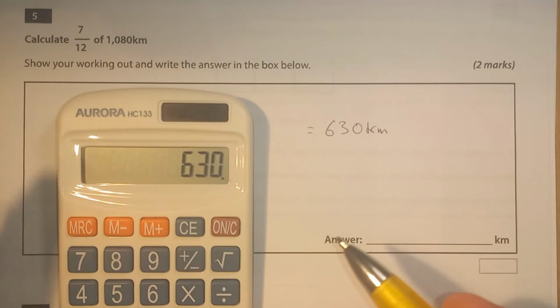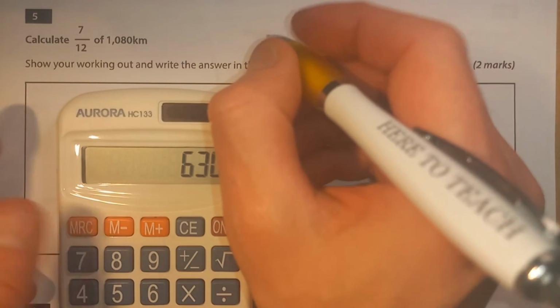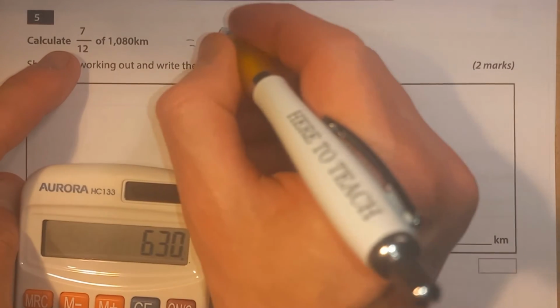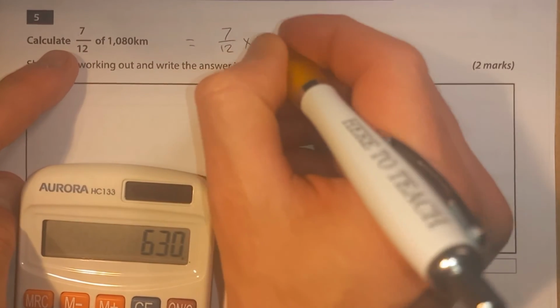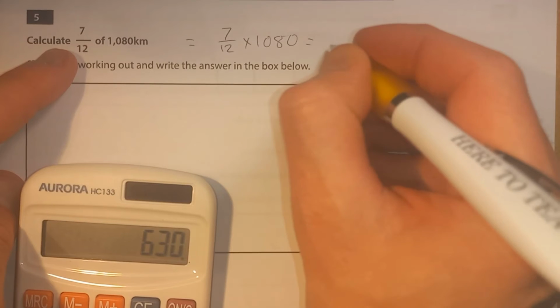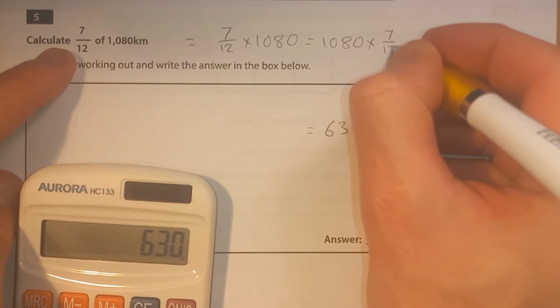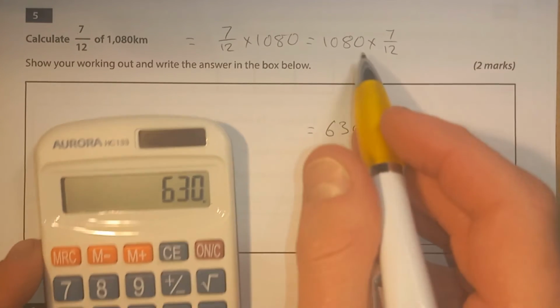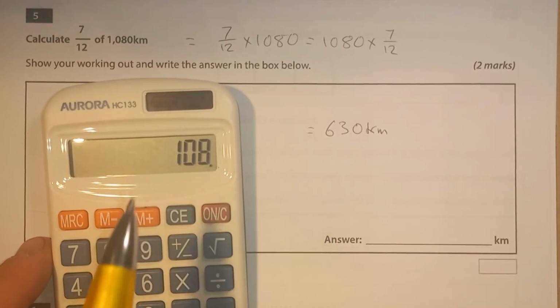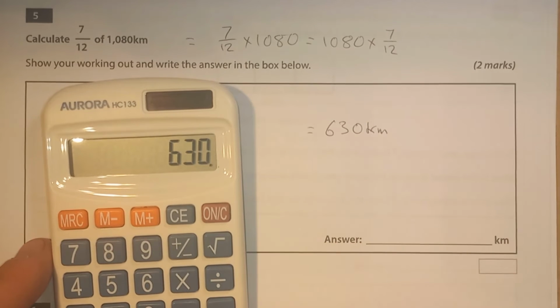So this is telling us it's 7/12 times 1080. Think of it as 1080 times 7/12. And then if we type this in, 1080 times 7 divided by 12, again we get 630 without the rounding problem.